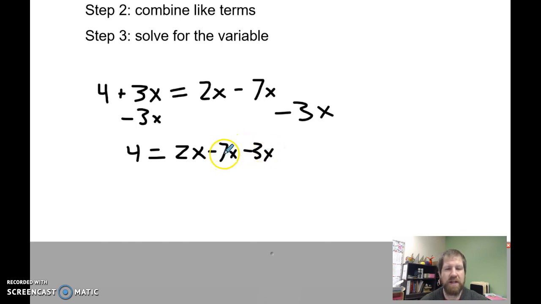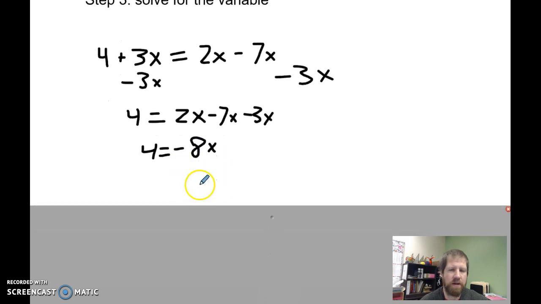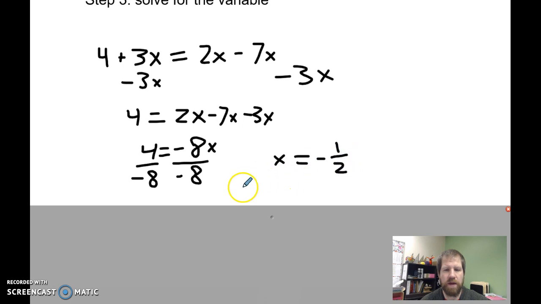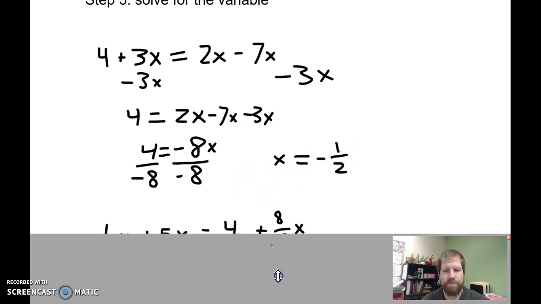Or 5 plus 3 is 8, so negative 8x. So I have 4 is equal to negative 8x. And as I said, we do have this negative there, but we can still divide it away. Divide by negative 8, divide by negative 8, and get x is equal to 4 over negative 8, or negative 1 over 2. And that works just fine.